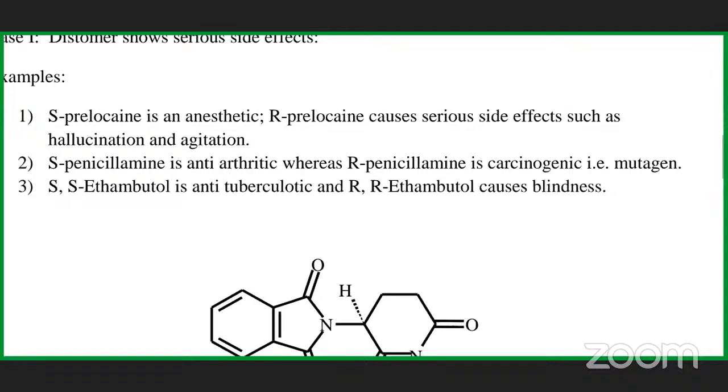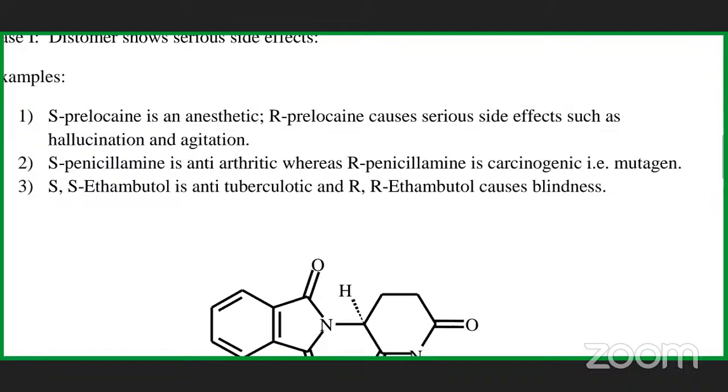Sometimes, when it is impossible to separate these enantiomers, then we will try to take the racemic form. But if both isomers are not causing much effect here, then you can go with this racemic form.